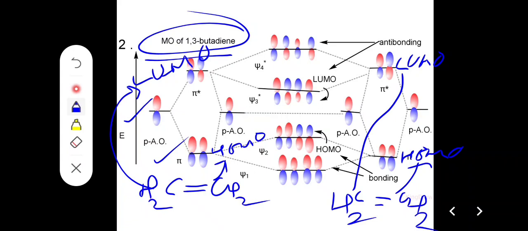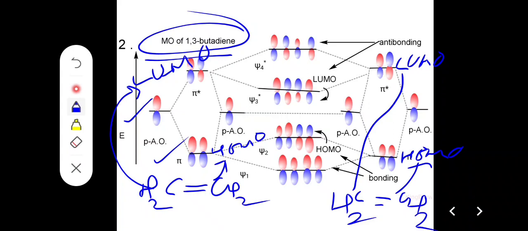HOMO means highest occupied molecular orbital. LUMO means lowest unoccupied molecular orbital. So HOMO means the highest molecular orbital that has electrons, and after this, no higher occupied molecular orbitals are present.